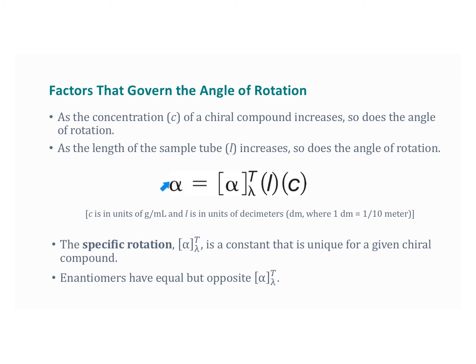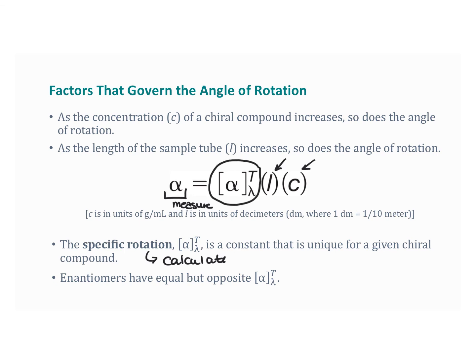And so we can calculate the angle of rotation using the specific rotation, which is a constant that's unique for a chiral compound. So for example, if we go into the lab and we measure the angle, and we know the length and the concentration, then we calculate this.